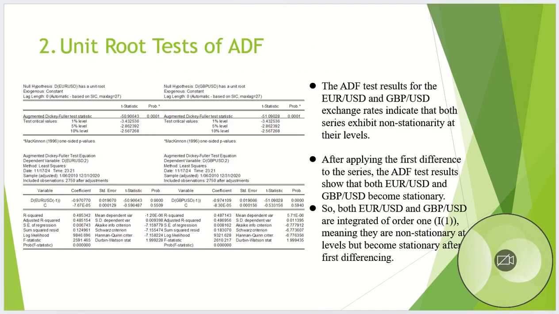And we do the unit root ADF test on both variables. The ADF test results of the EUR/USD and GBP/USD exchange rates indicate that both series are non-stationary at their levels. But after applying the first difference to the series, the ADF test results show that both EUR/USD and GBP/USD become stationary.